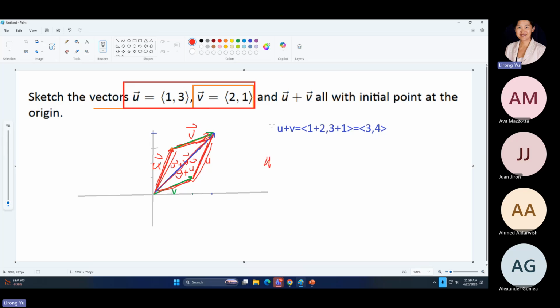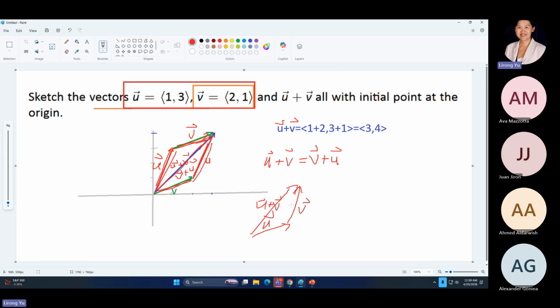Another way to see this is that u plus v actually equals v plus u. You can form this triangle with u and v, and this is u plus v.